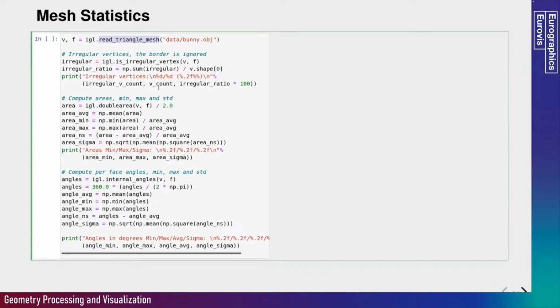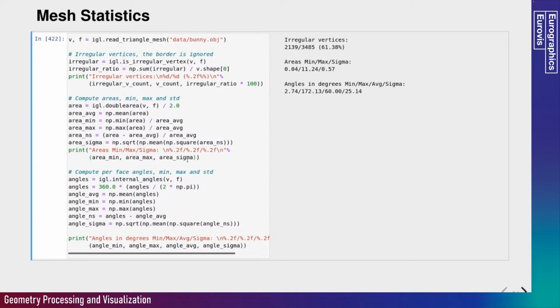We can, for example, find out the area of our faces by calling the function double area, but we can also get statistics about the internal angles of all the triangles, and by calling all these functions we see that the bunny, for example, has roughly 60% irregular vertices, and we have, for example, the largest angle in triangles is 170 degrees, the smallest angle is 2.7 degrees, and the average angle is 60 degrees.